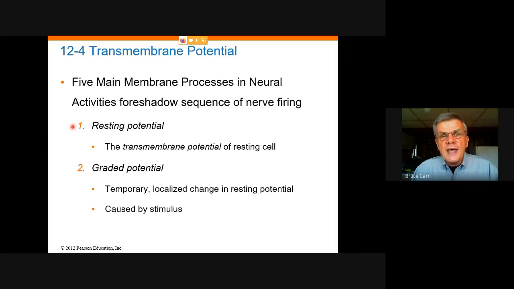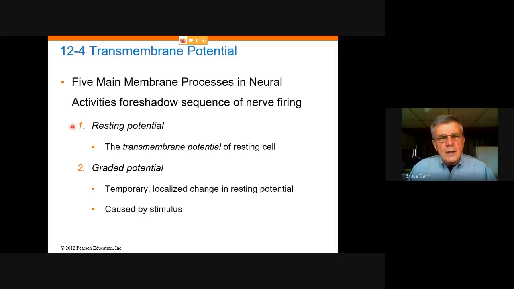What I want to tell you is that as we move the body around, as there's compression and expansion, as there is flow and reduction in flow of blood to various parts of the body, as nutrition changes, as pH changes, there are perturbations to this resting potential.